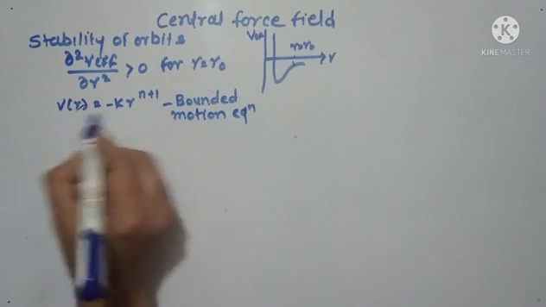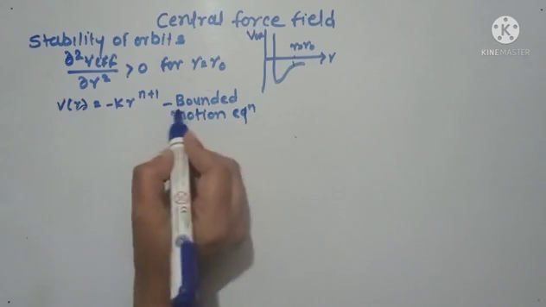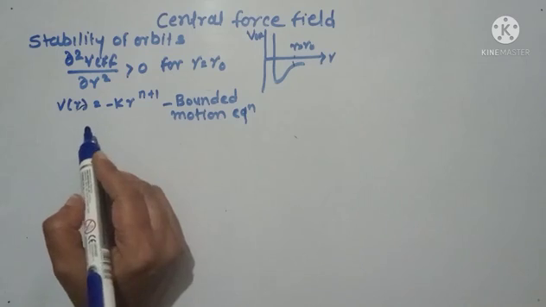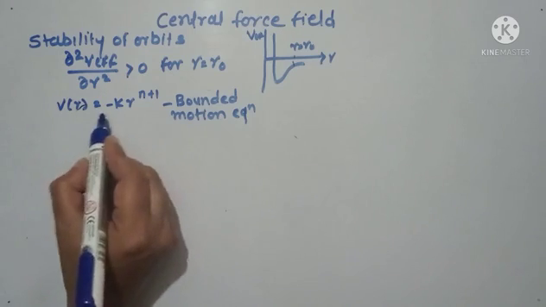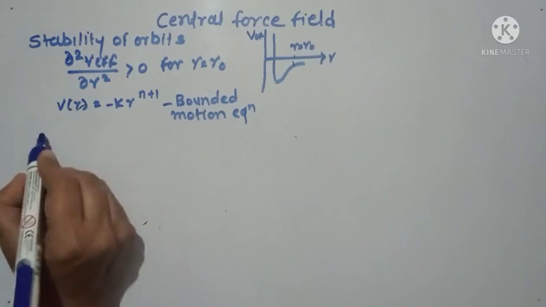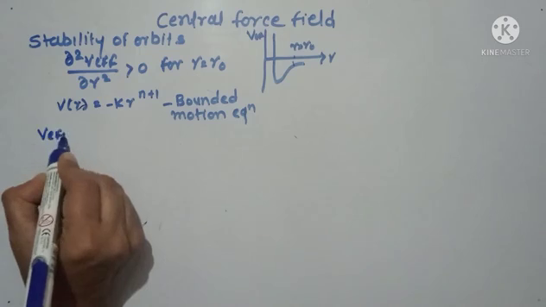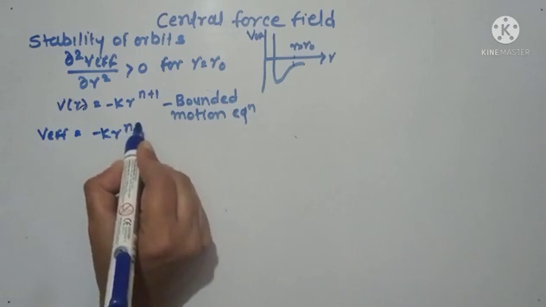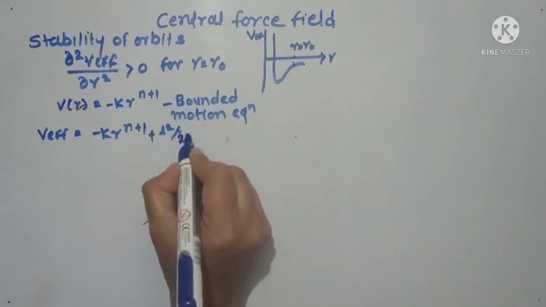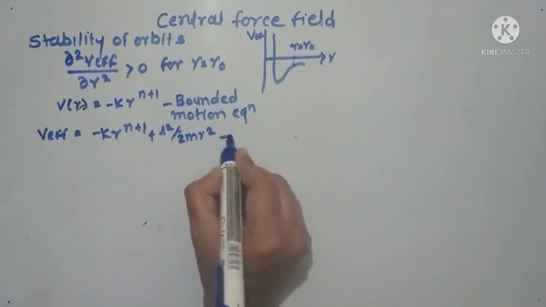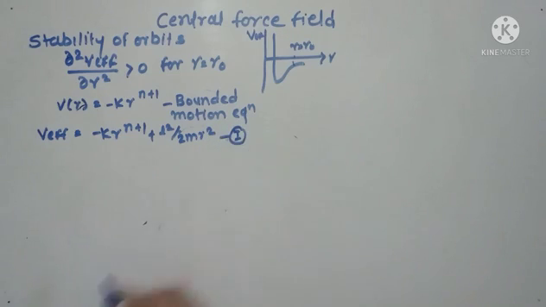Now if we put the value of this V of r in the equation of V effective, we are going to get V effective equal to minus k r raised to n plus 1, plus L square upon 2 m r square. Let me call it equation number 1.